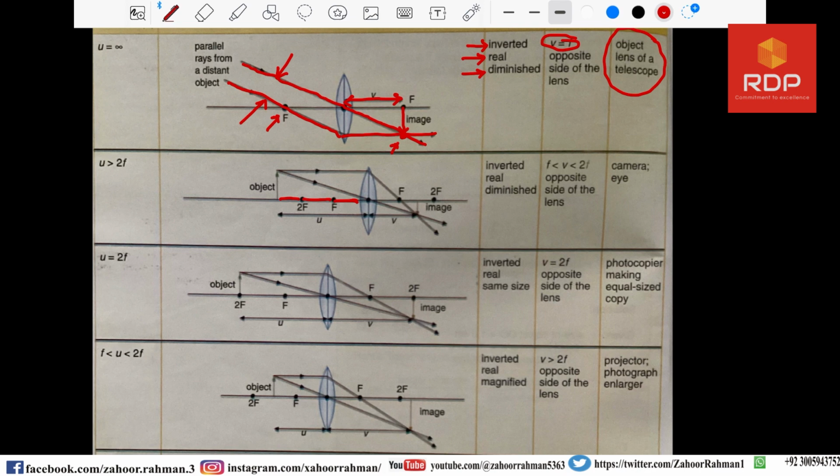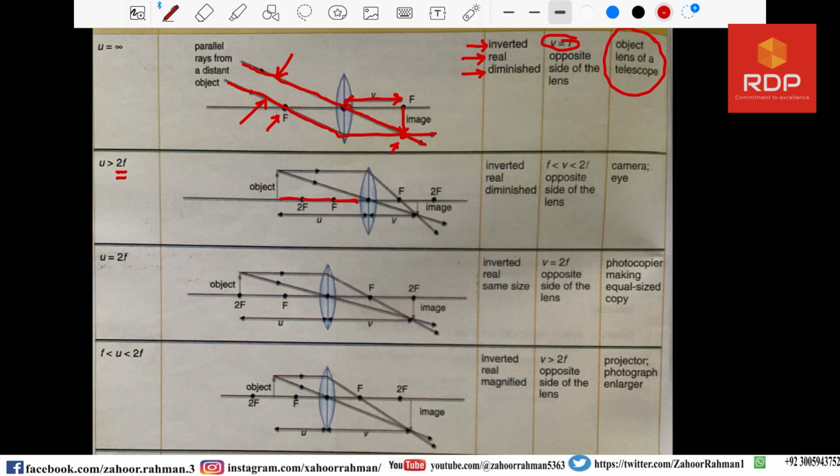2.5 or whatever. But in this case, this object is situated greater than the double of the focal length of the converging lens. The object is not placed on the focus point of the lens, but it is away.